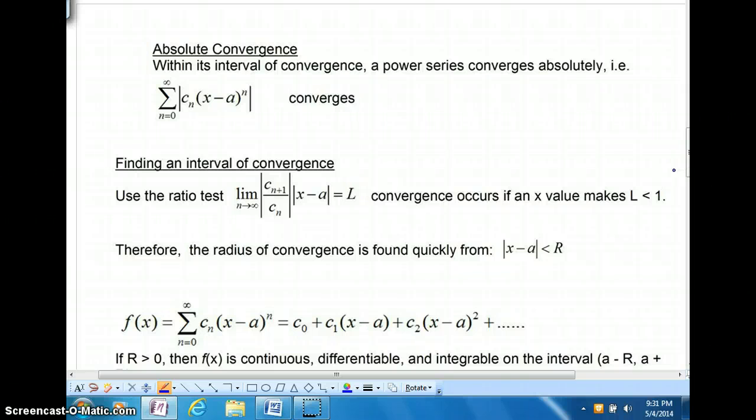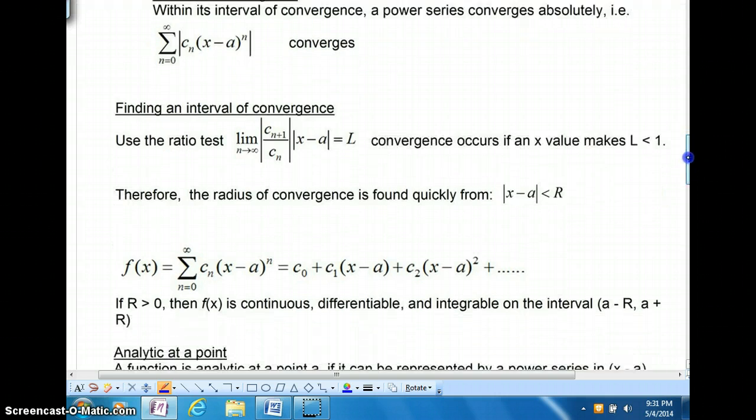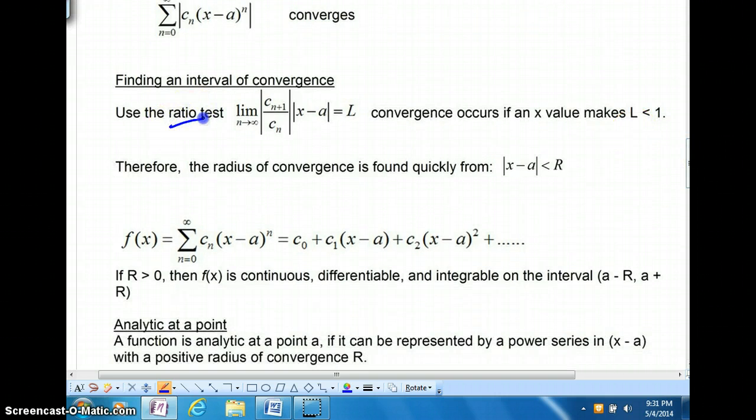Absolute convergence. Within an interval of convergence, a power series converges absolutely. That means it converges in absolute value. And then finding this interval of convergence, we already talked about using the ratio test. Taking the limit of the n plus 1 term divided by the nth term.